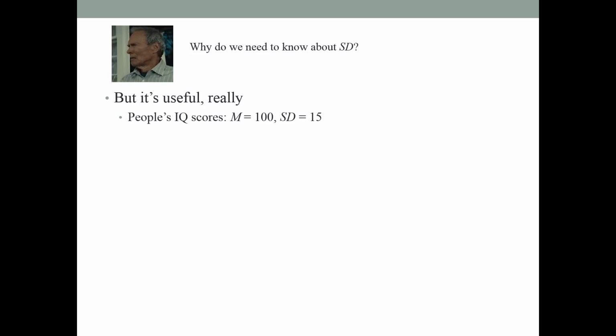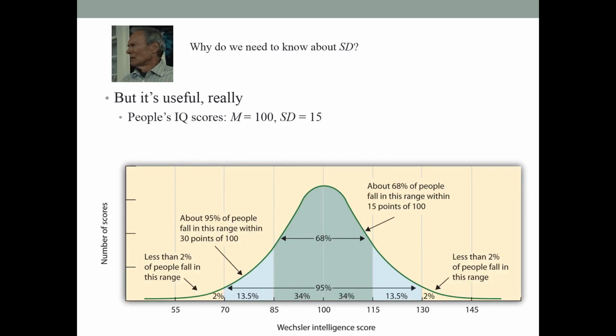Suppose you collect a lot of people's data, let's say 10,000 people. You ask about their IQ scores, and then you do a histogram of those scores. We have a reason to believe it will be pretty much normally distributed.